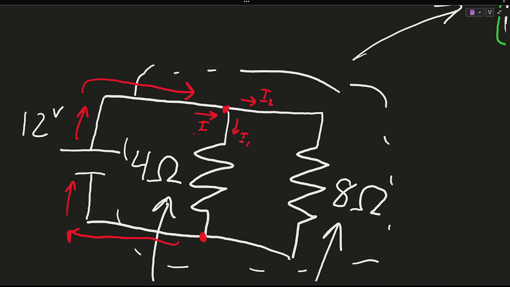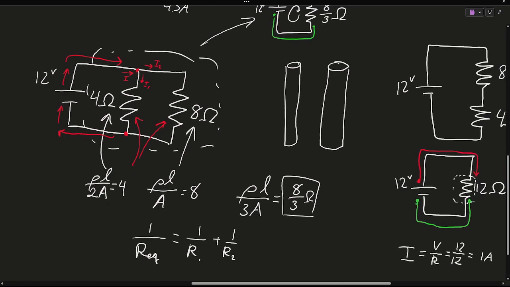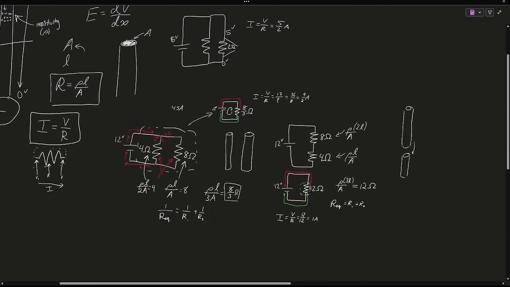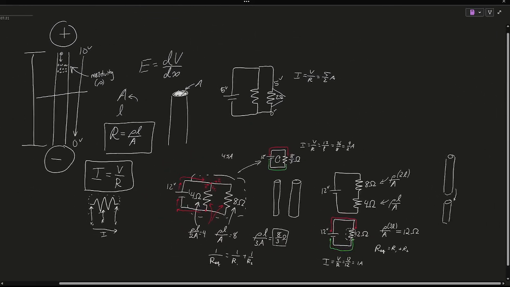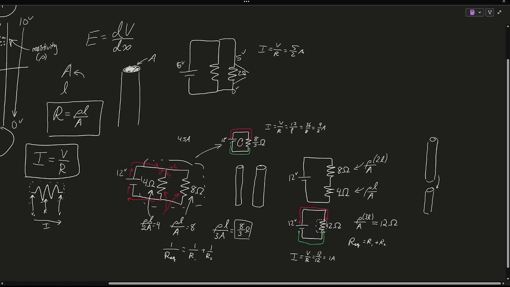This is saying I1 and I2 have to add up to I. And using that and the Ohm's law for each of these individual resistors, you can solve a system of equations to find the individual currents. Or, if you watch my next video, we'll take a look at how to use Kirchhoff's law to kind of solve a circuit more fluidly.